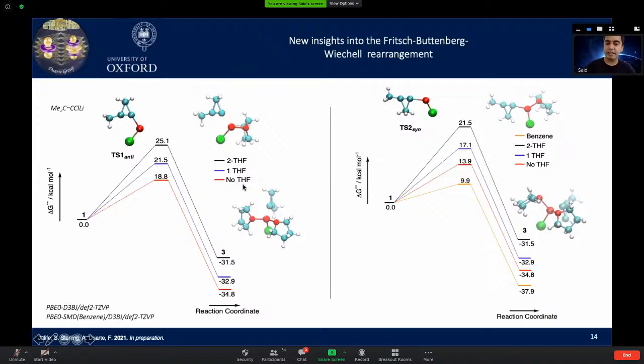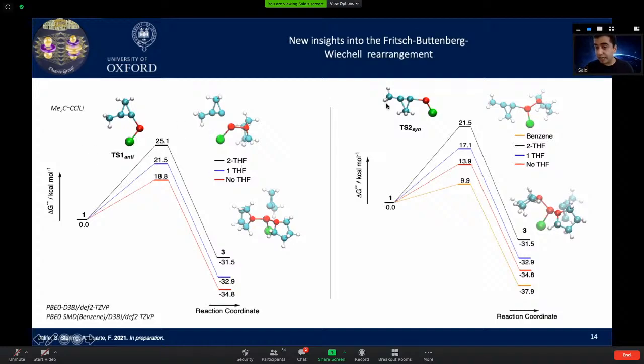These molecules are placed coordinated to the lithium atom. And the same happens with the antiperiplanar pathway of the methyl group. If we start by adding this type of molecule, then the barriers will increase.